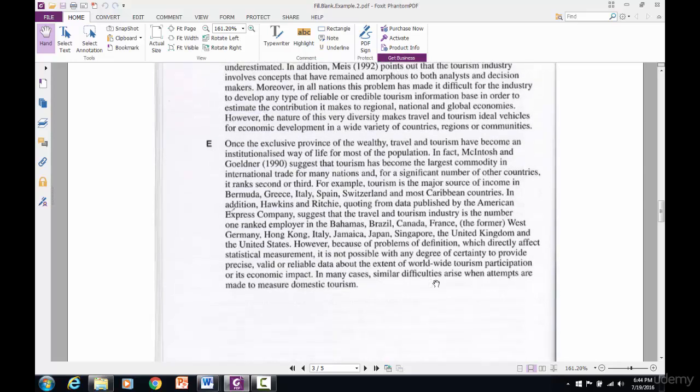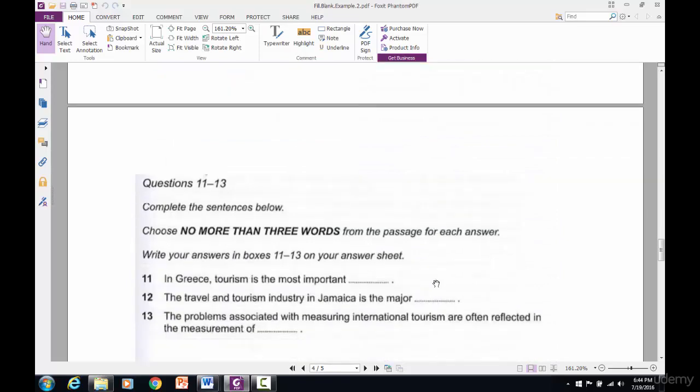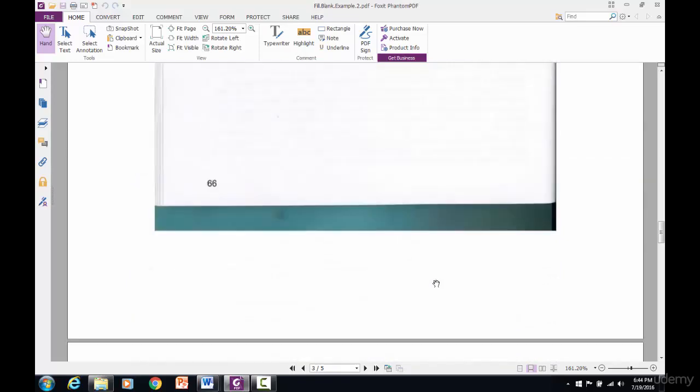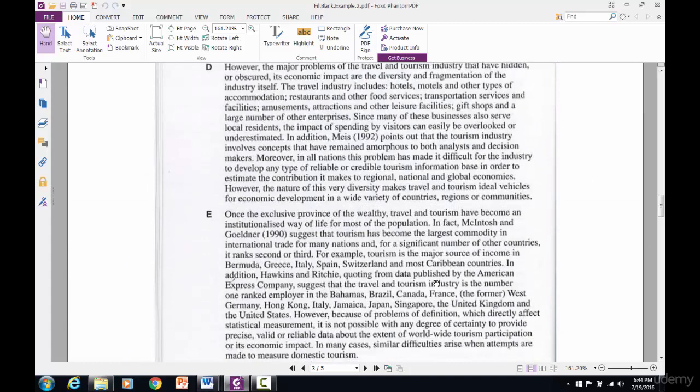So we're looking for language connected to major. Here it says is the number one ranked employer. The language number one ranked is a synonym for major. So our answer is employer.